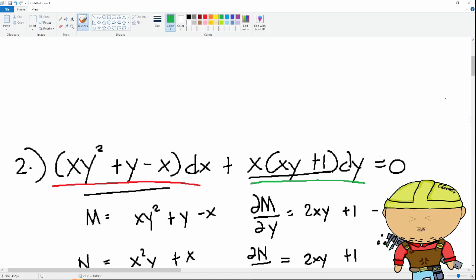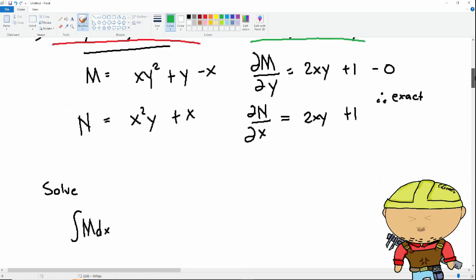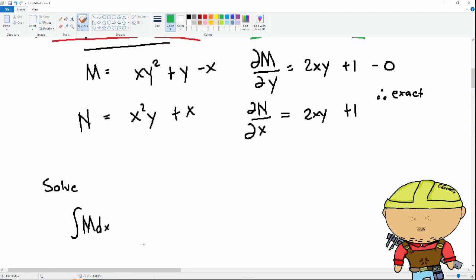For mdx, we're gonna be focusing only on x. y squared integral of x dx plus y integral of dx minus integral of x dx.